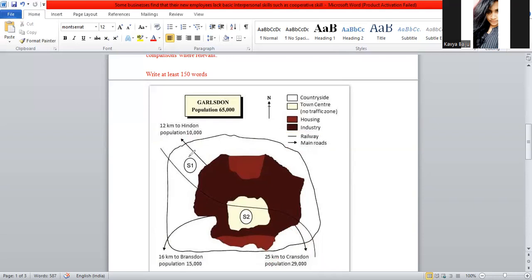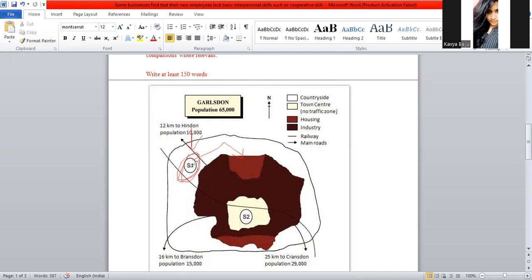So as per the plan here, we do have the first site for the supermarket, that is S1, which is near to Hindon at the northwest, and it is near to the housing establishment at the north of Garlsdon town.